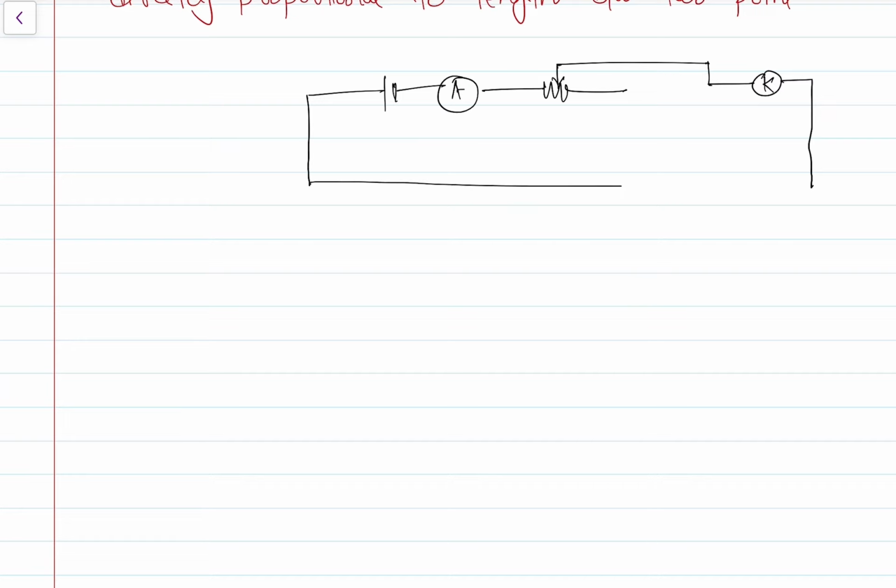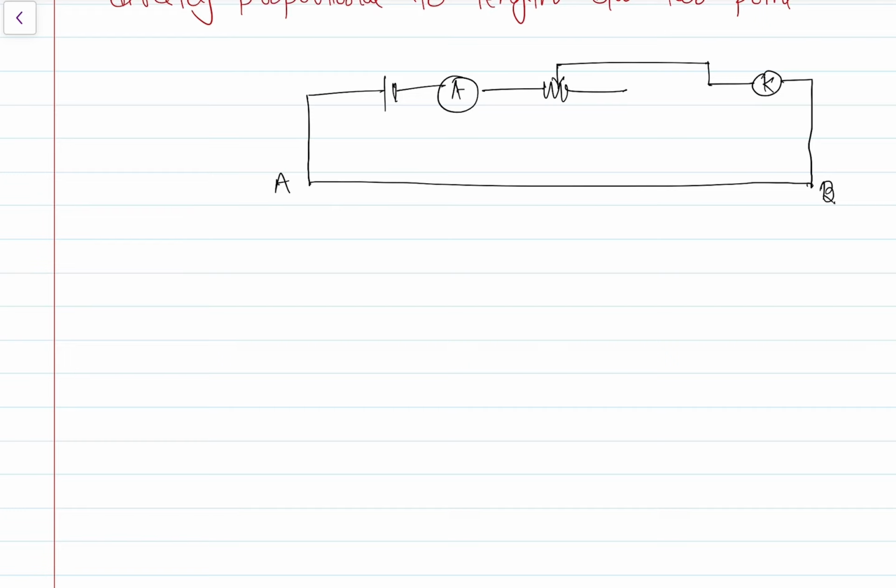Now let's see the circuit diagram of potentiometer. A potentiometer consists of one battery, one ammeter, a rheostat, which is nothing but a variable resistance, and one key. Here the length of the potentiometer wire is AB.